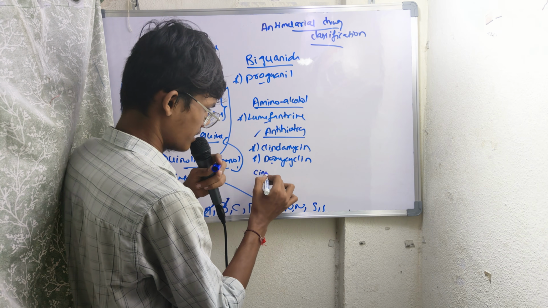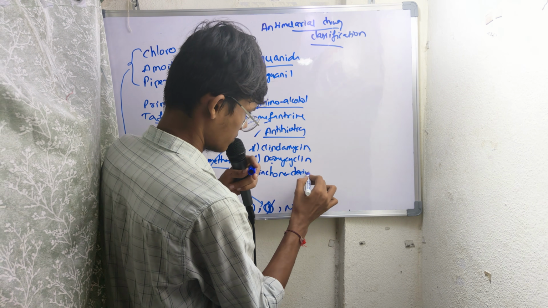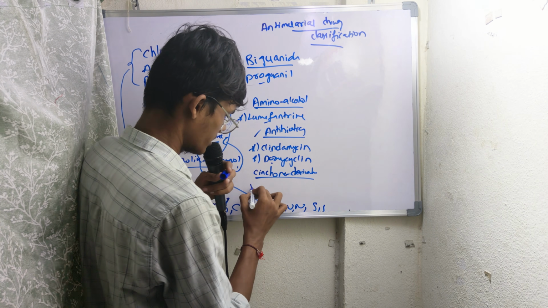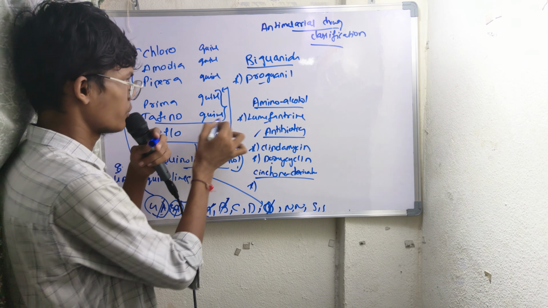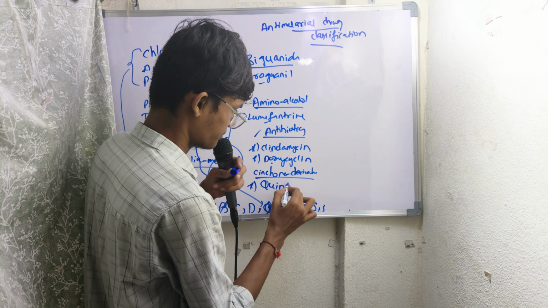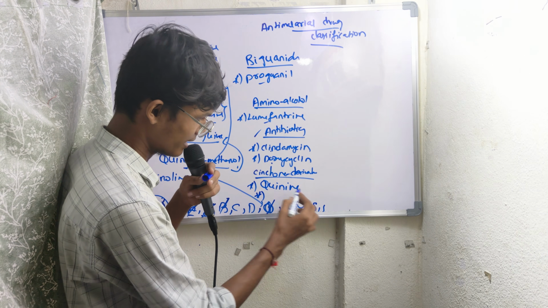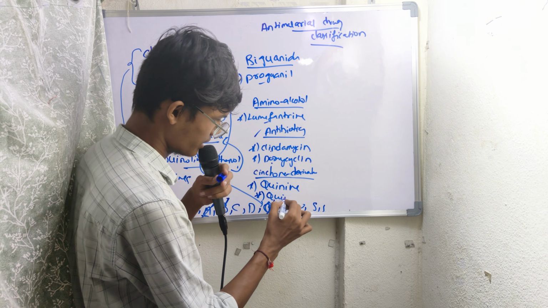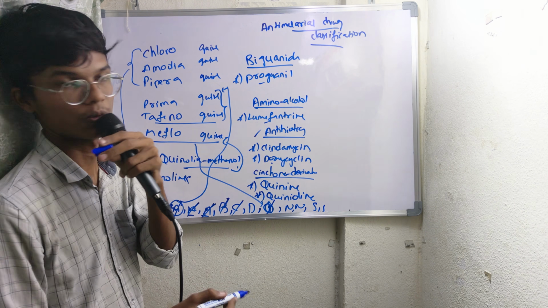In C we have cinchona derivatives. In the cinchona derivatives we have, see, we are seeing quinoline, queen, right? So write quinine. Okay, then write for this quinine, write dine, quinidine. Easy, right? We finished C also.